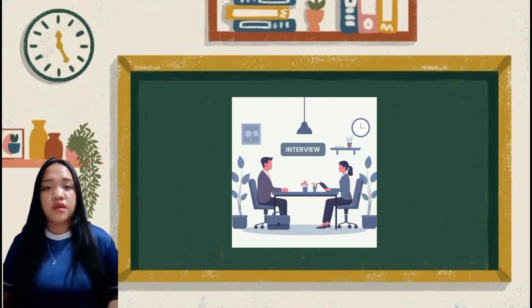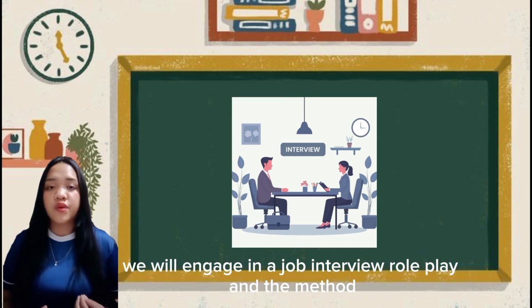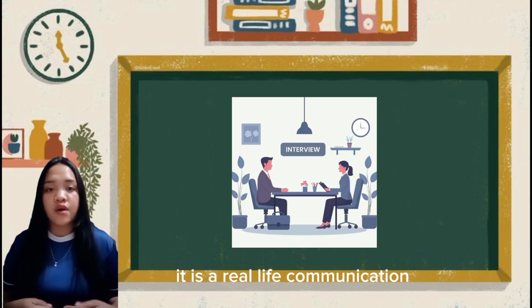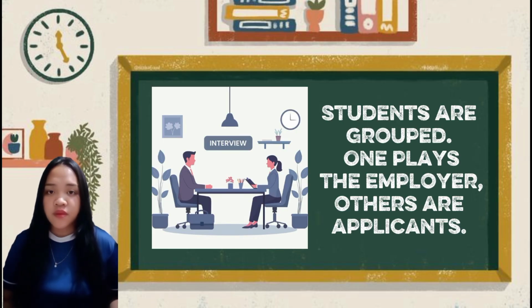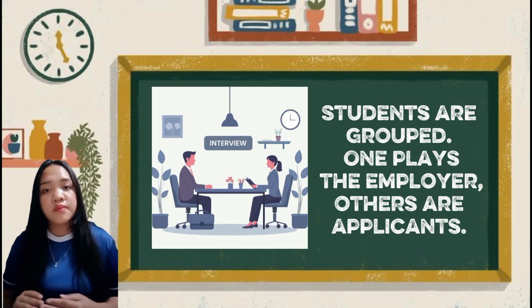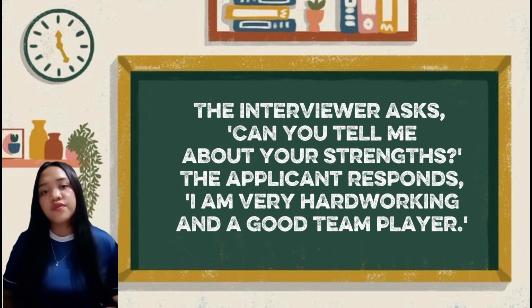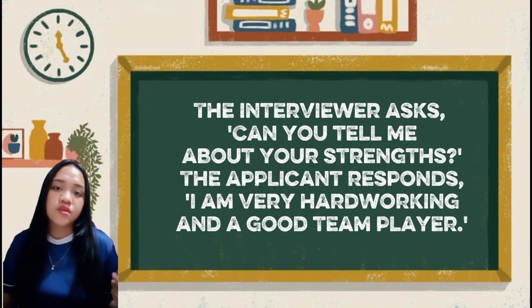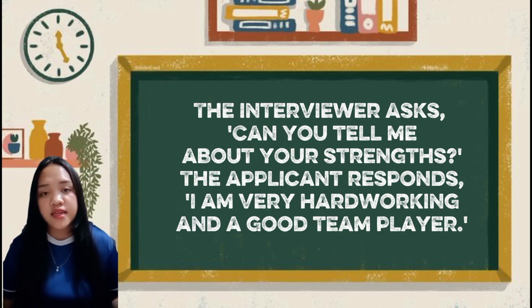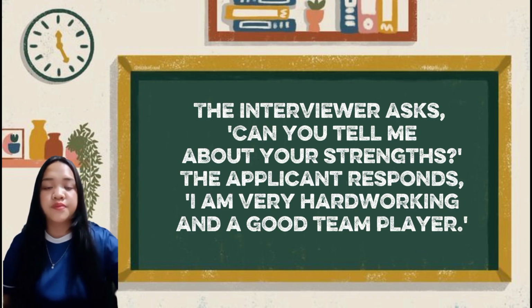In Principle 6, we will engage in a job interview role play and the method is real life communication. Students are grouped; one plays the employer, others are applicants. The interviewer asks, "Can you tell me about your strengths?" The applicant responds, "I am very hardworking and a good team leader."